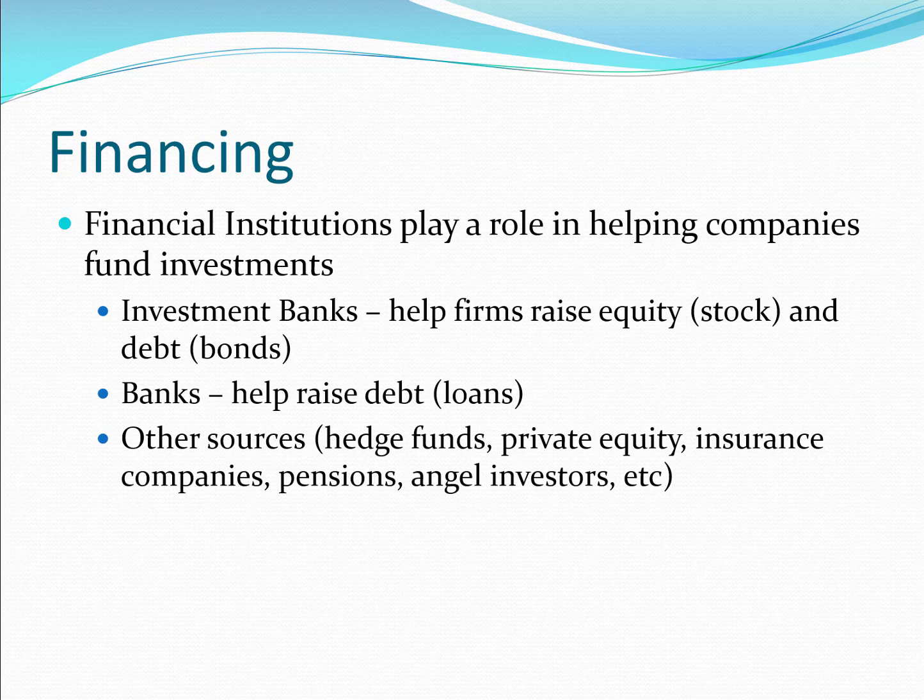And then there are going to be other sources of financing as well, things like hedge funds or private equity. Insurance companies make loans frequently. Pension funds will make investments to help generate returns to support their pension payments. And groups of investors called angel investors, as well as a whole host of others, may provide financing at different points in a firm's life.